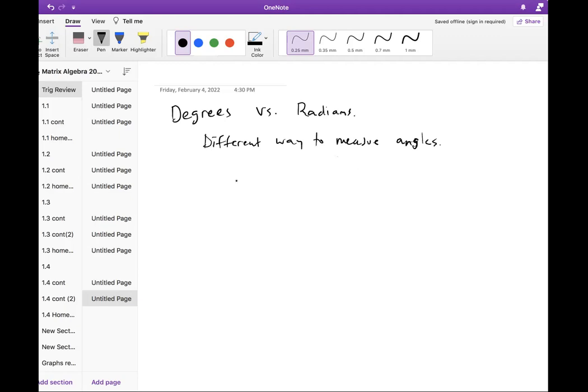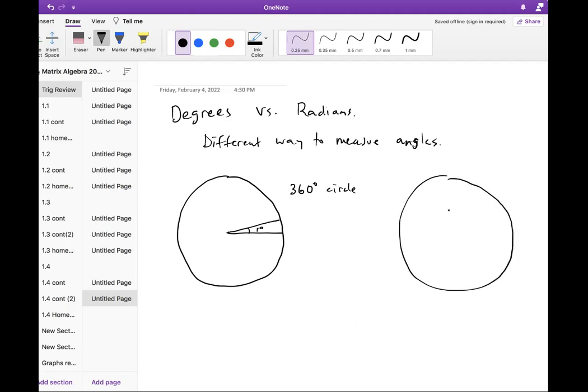So you could measure angles by 360 degrees in a circle, or you could measure angles a different way using this number called pi, which is directly correspondent to the ratio between the diameter and the circumference.